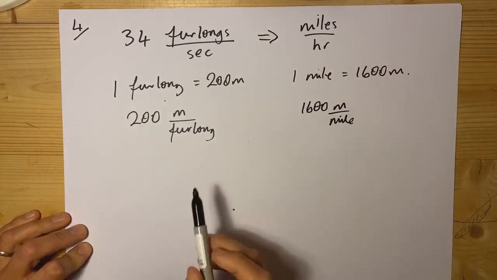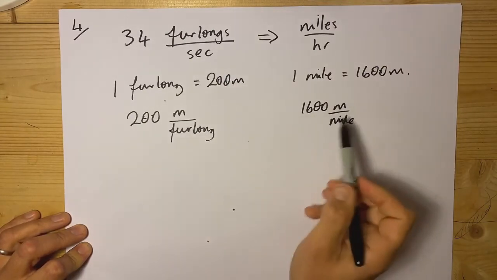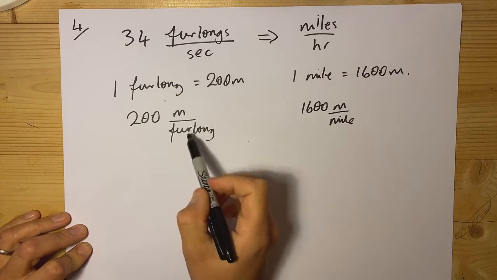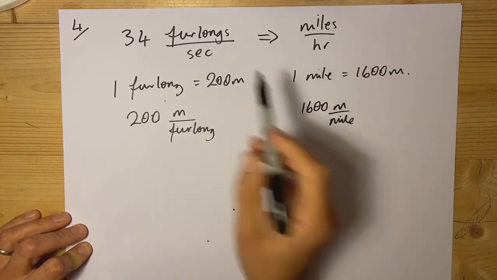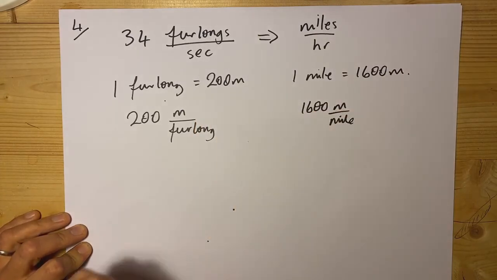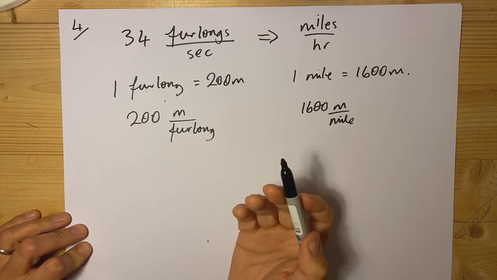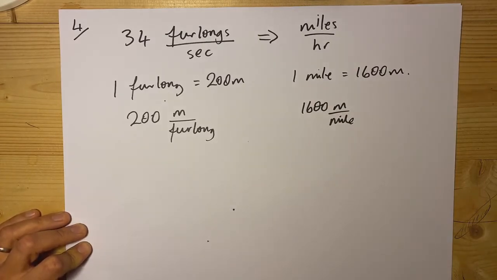Okay, that makes sense. Now the other thing we've got to do, and we'll worry about how we're going to do that exactly in a minute. This is going to get us from furlongs to meters, and then we're going to go meters to miles. But the other thing we have to do is go from time in seconds to time in hours. So we can do that ourselves. I didn't give you that unit conversion, but I think we can do that just from knowledge that we have.